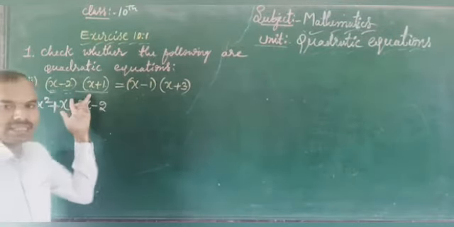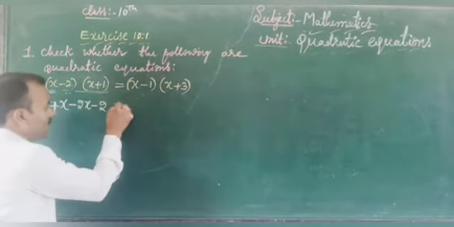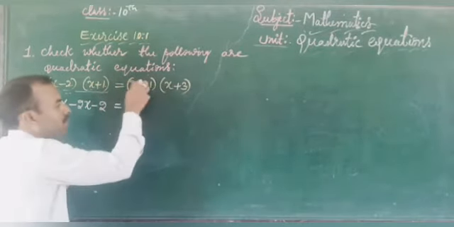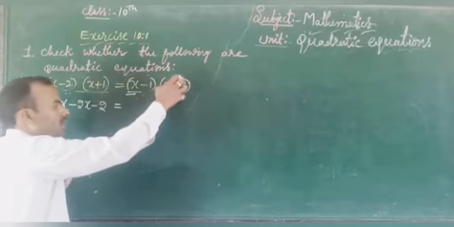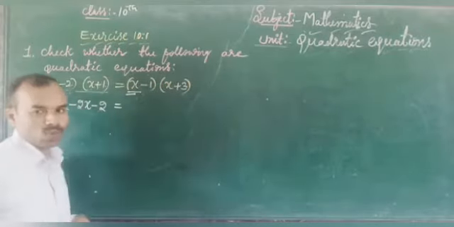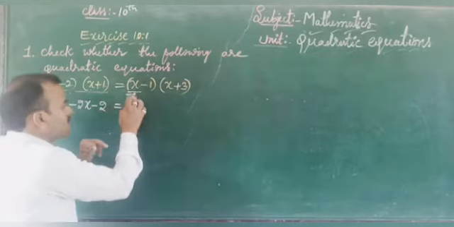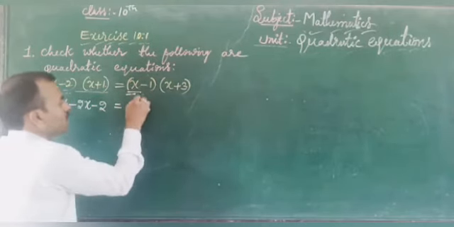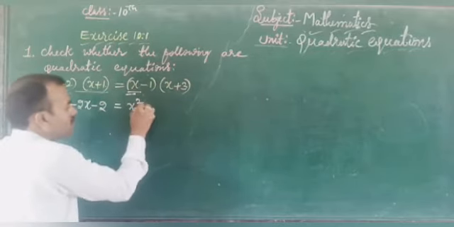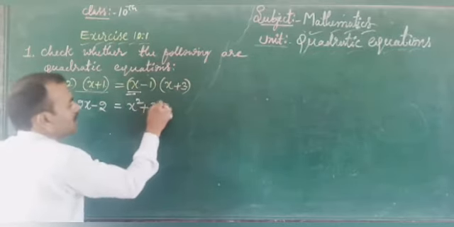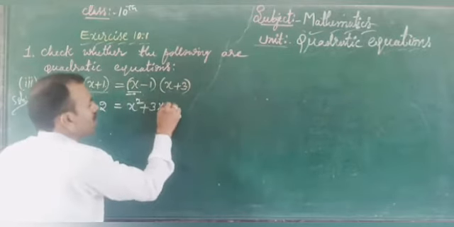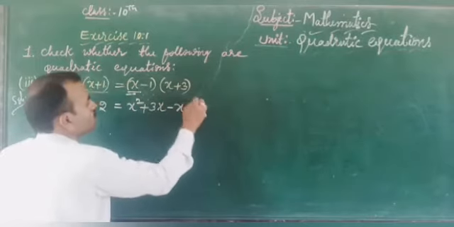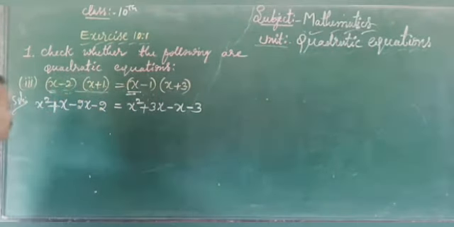Now I multiply these two. Similarly, we multiply these two. First multiply x plus 3 by x and then multiply x plus 3 by minus 1. x into x, here it is plus into plus, x square; plus into plus, x into 3, 3x; minus into plus, minus 1 into x; minus into plus, minus 1 3 is 3.